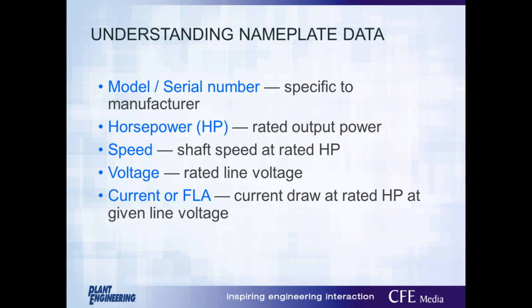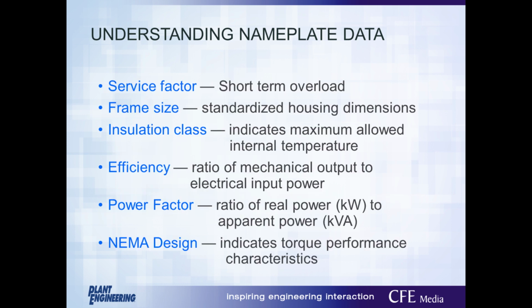These include horsepower, speed, voltage, and current. Each motor should also have a specific model number and serial number from the manufacturer that designates it from all of its other products.